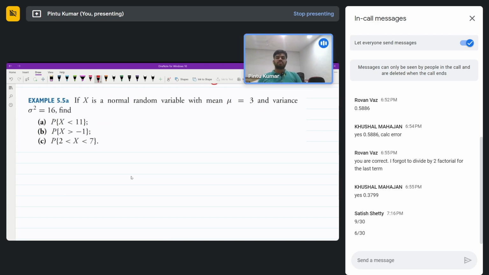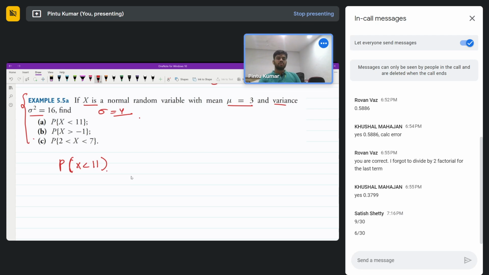Again, the standard normal distribution becomes very important in solving these kinds of questions, and you will encounter this kind of question at many places. So let's say x is a random variable with mean 3 and variance equal to 16, so your standard deviation is 4. You want to find the probability that x is less than or equal to 11.